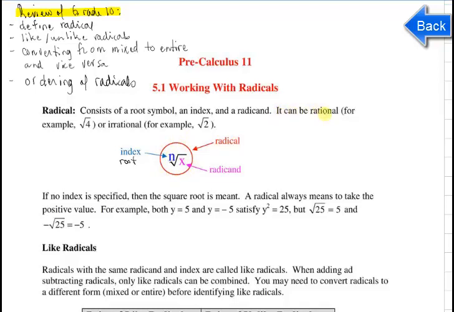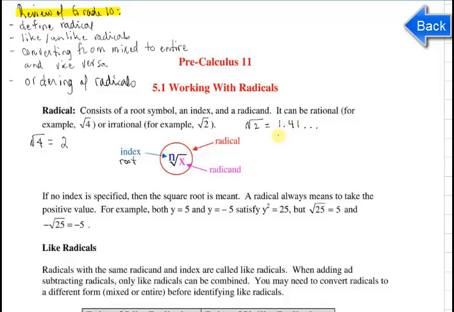It can be rational, for example, the square root of 4. The reason for that is that when you take the square root of 4, you get 2, and 2 is a rational number. Or irrational, for example, the square root of 2. When we work out the square root of 2 on your calculator, you would get 1.41 with a string of numbers after it.